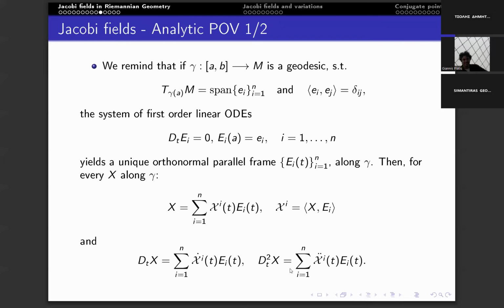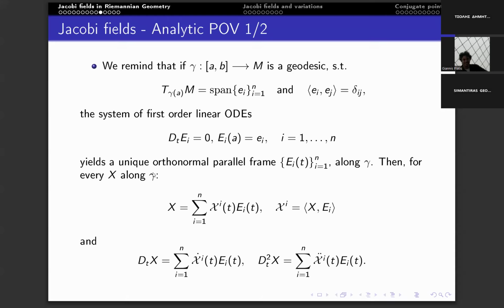We remind that if we have a Riemannian geodesic gamma defined on a closed interval AB, we have the starting tangent space here, which is equipped with an orthonormal frame, and by solving the system of these first order linear ODEs with initial conditions, we have an induced orthonormal parallel frame by using the compatibility with the metric of the covariant derivative.